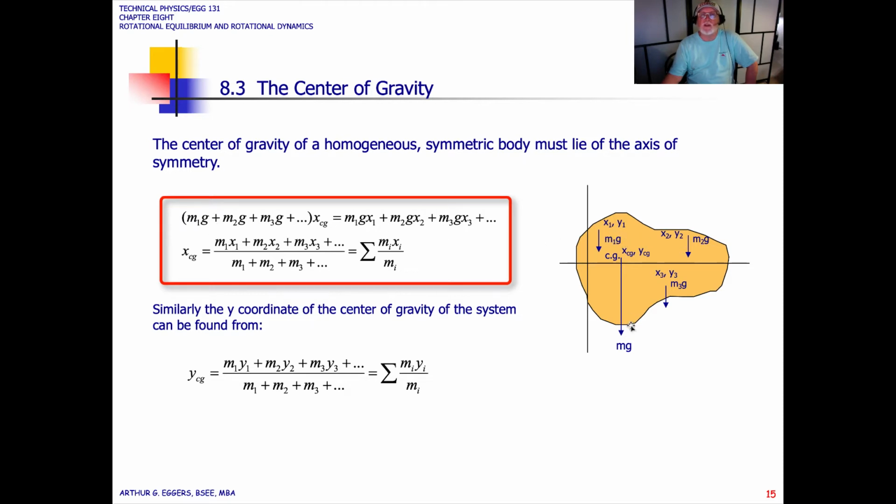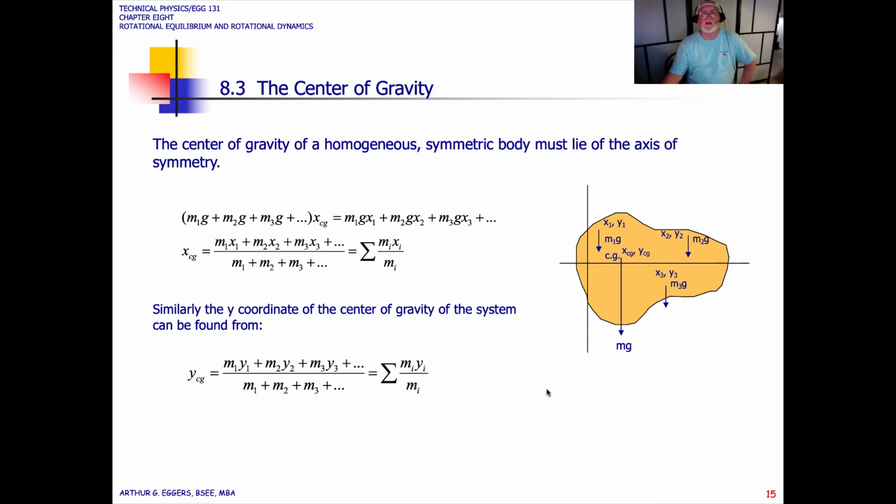Mass 1, gravity, mass 2, gravity, mass 3, gravity, and then we've got a center of gravity here that relates to the weight of the object in a balanced position, if you can think of it that way. If you've ever tried to take an irregular shape and find out where it balances just right, well, that's what the mg is going to be.